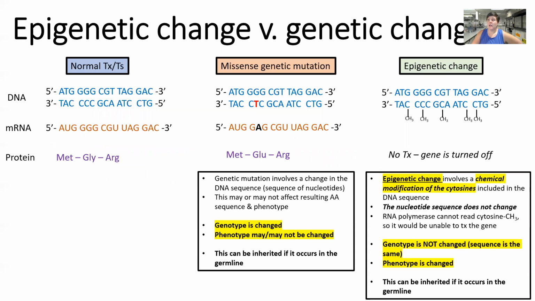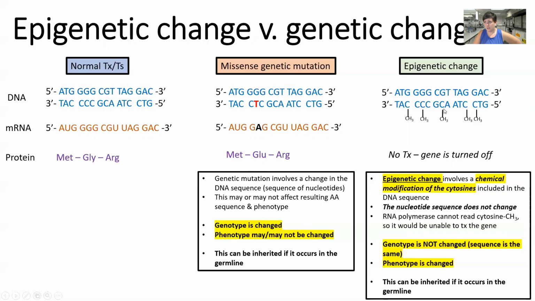This is just a slide showing all three of these: normal transcription and translation, genetic mutation, which is going to be a change in genotype and possibly a change in phenotype depending on the mutation. And then epigenetic change is not changing the genotype.